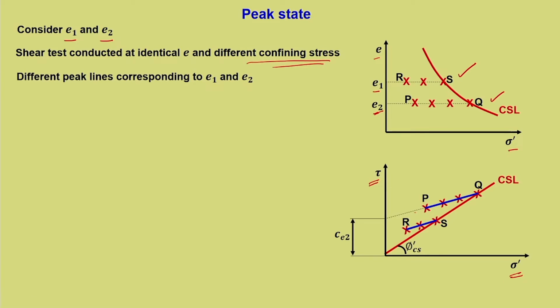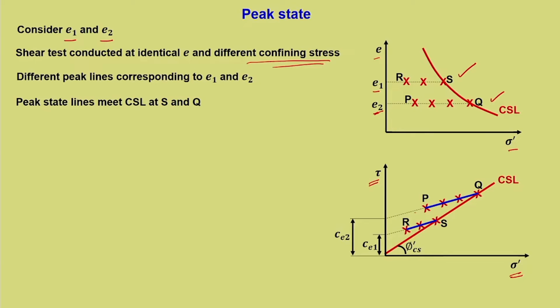Obviously, the strength of e1 will be less than PQ, and that is very legibly shown in this particular figure. So, that gives c_e1. So, the cohesion for void ratio series e1 is c_e1 and the cohesion for void ratio series e2 is c_e2.